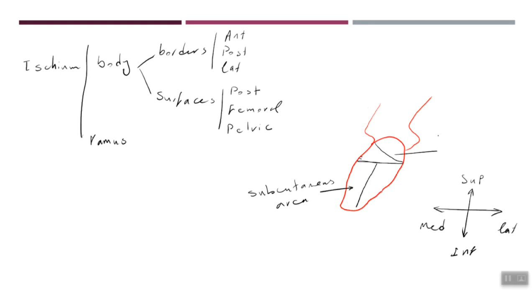The supralateral part: the semimembranosus muscle. Semimembranosus is one of the muscles of the back of the thigh attached to the supralateral part of the ischial tuberosity. And on the supramedial part, two muscles of the back again attach to this area: semitendinosus and the long head of biceps. Now two muscles are attached to this area.